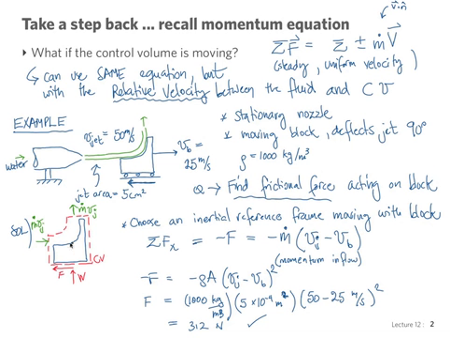When the outward normal is pointing opposite to the velocity, you get a negative sign from the dot product. So remember, the dot product of two vectors is the magnitudes multiplied by the cosine of the angle, and in this case it's -1 because the angle is 180 degrees. So that's where it comes from.